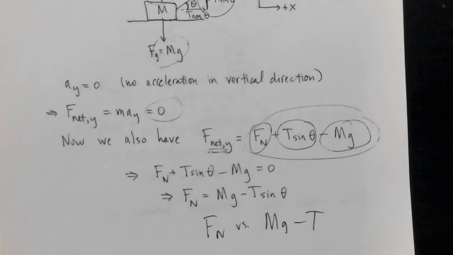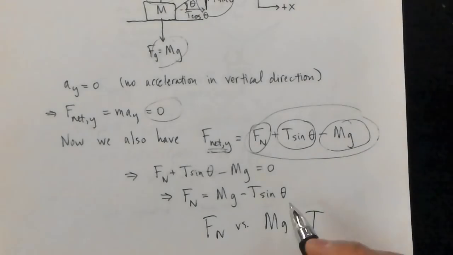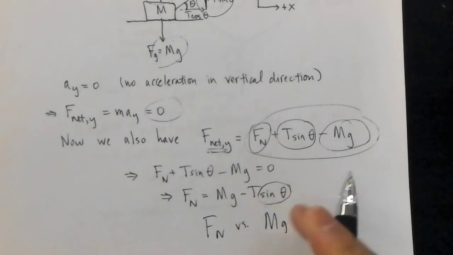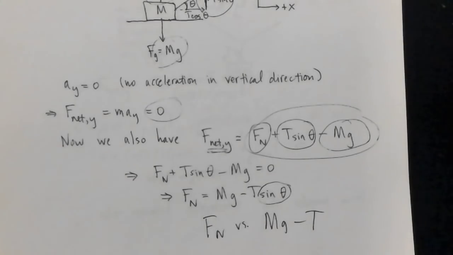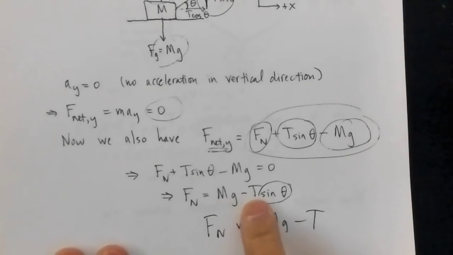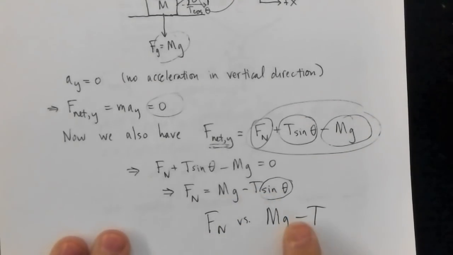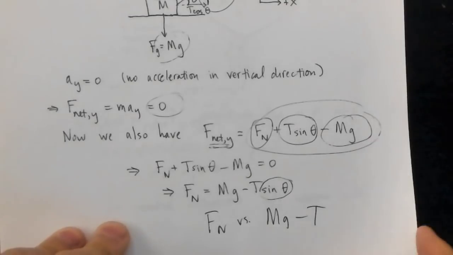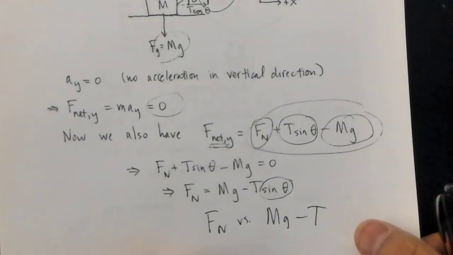Okay, so let's say the angle is not 0, it's not 90 degrees, so if you're a little confused, the way you analyze it, the sine of theta is between 0 and 1, so it's less than 1. So you're subtracting something that's not as big as T. If you subtract by a smaller number, the answer increases. So it'll actually be bigger than mg minus T. Right? Questions?